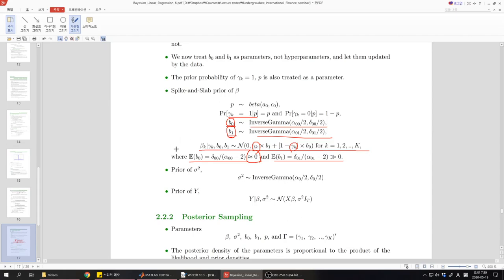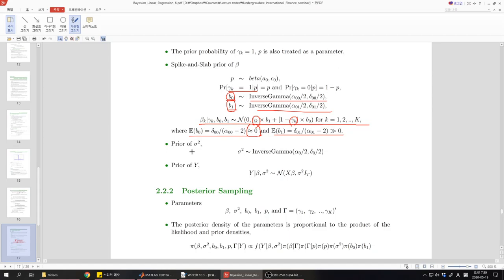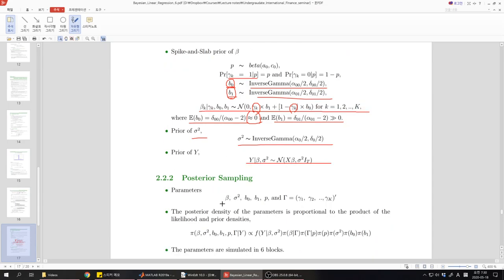And as always, sigma square is generated from this inverse gamma distribution. And now finally, given beta and sigma square, y is generated from this normal distribution. These are the parameters we are supposed to estimate: beta, sigma square, b0, b1, p, and gamma.